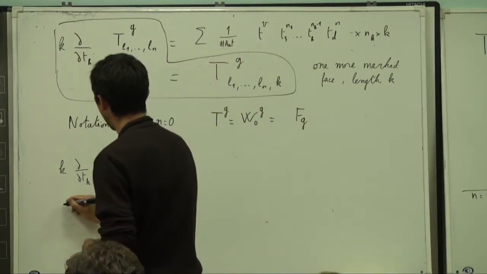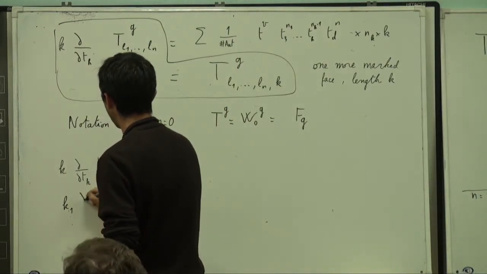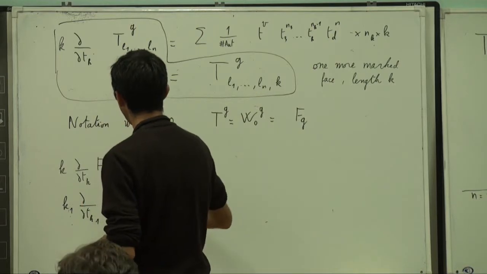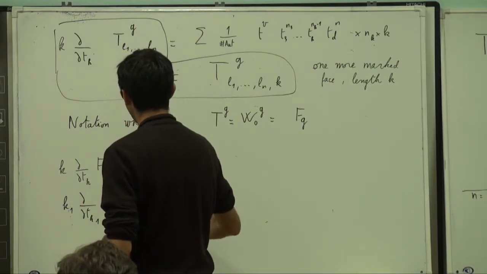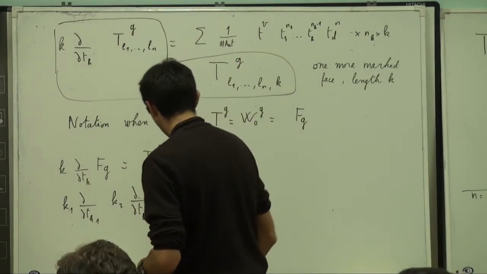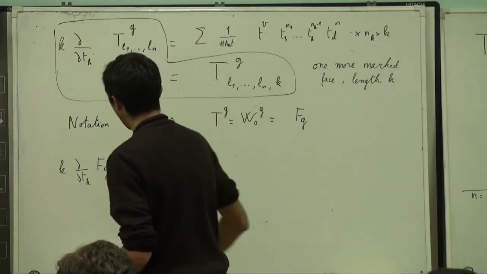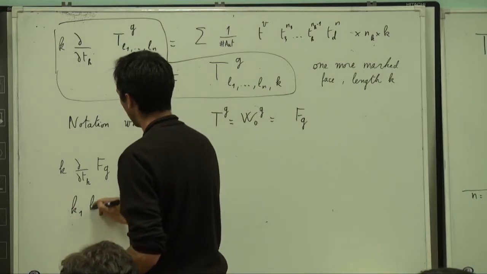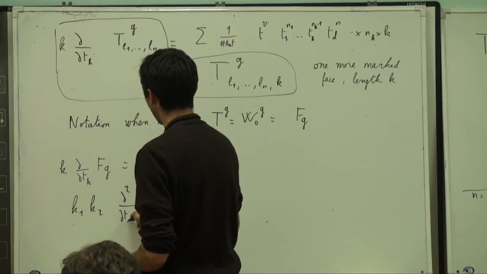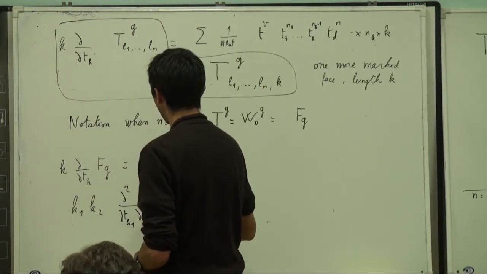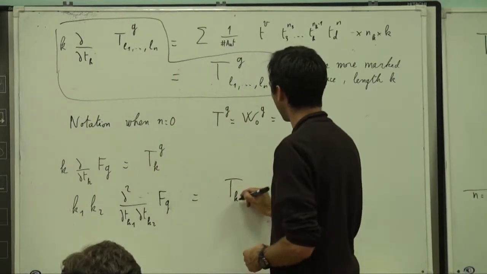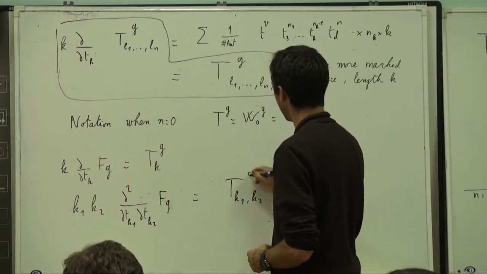And now k1 d over dt_k1, k2 d over dt_k2 of F_g. Well, okay, let me write it. k1 k2 d^2 over dt_k1 dt_k2 of F_g equals T_{k1,k2,g}.